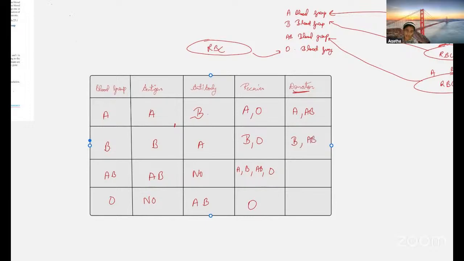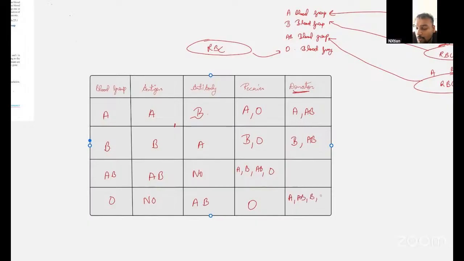O has no antigen, so O can donate his blood group to A, AB, B, and O. Everybody. And AB person can give blood group to AB only.